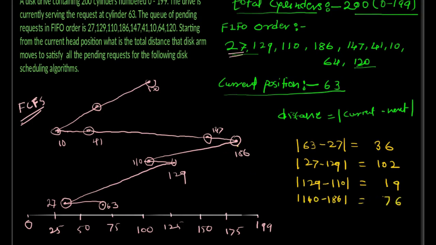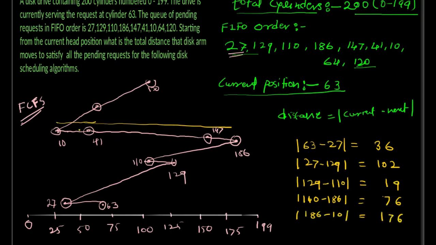From 186 to 147, you can observe that from 147 we have not changed the direction. We are going in the same direction. So we can directly calculate this much distance from this to this, which is 186 minus 10, so this will be 176.